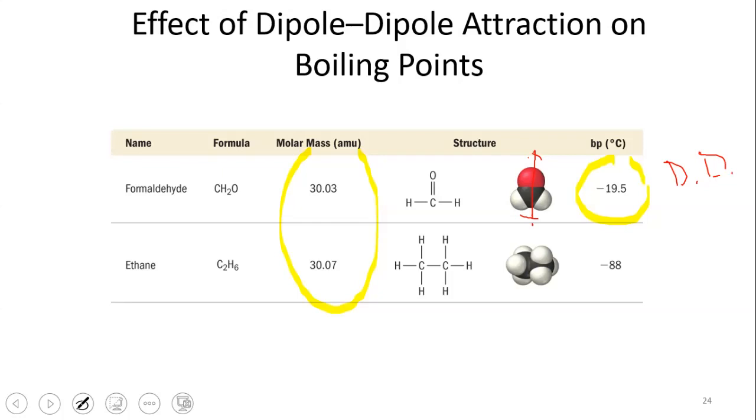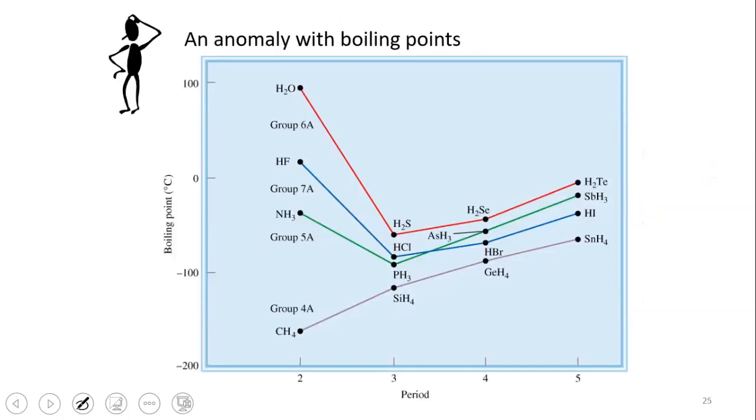And that's very helpful. Now, many years ago, scientists did this experiment. They took elements in the second, third, fourth, and fifth periods, and they analyzed all of the compounds that those elements make with hydrogen. Somewhat kind of like saying, well, these are the hydrides of these elements.